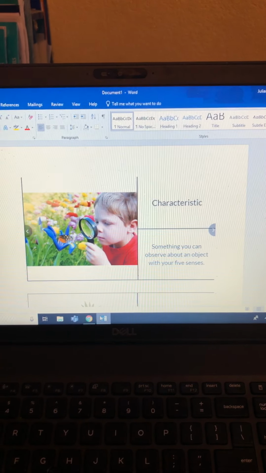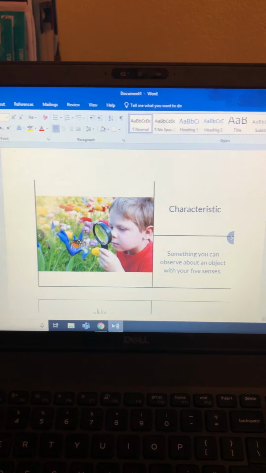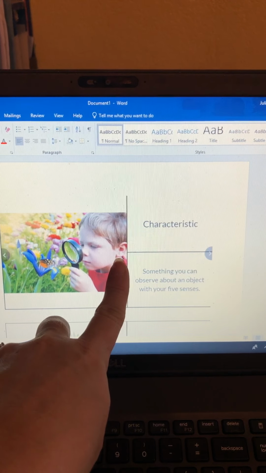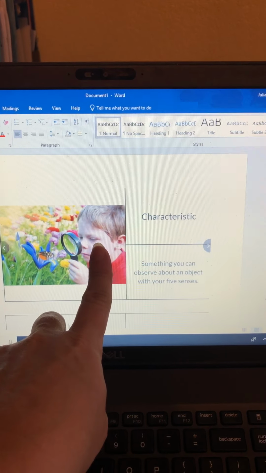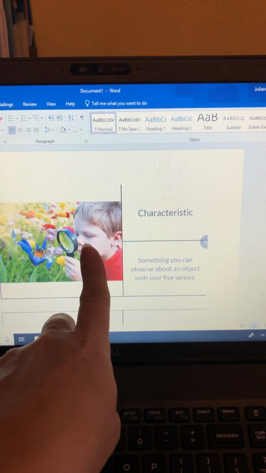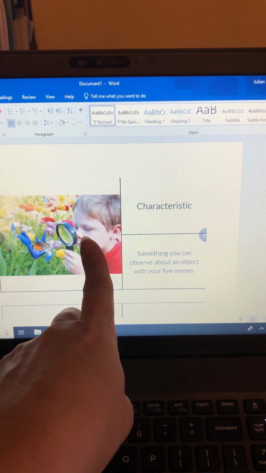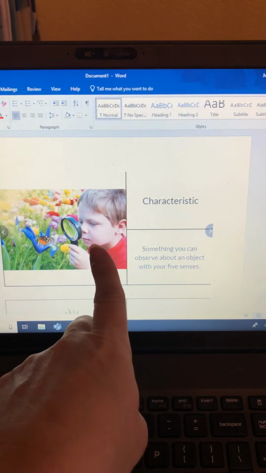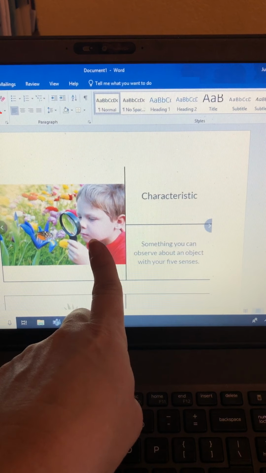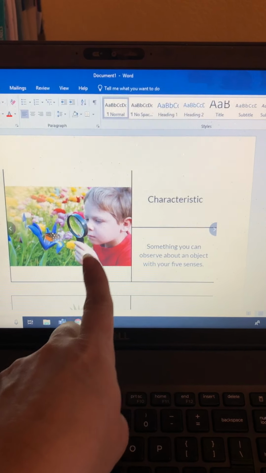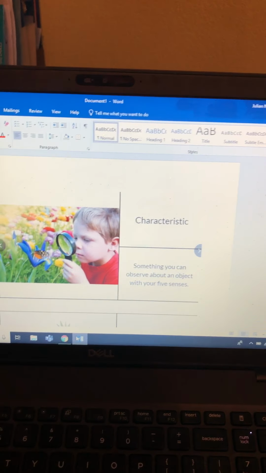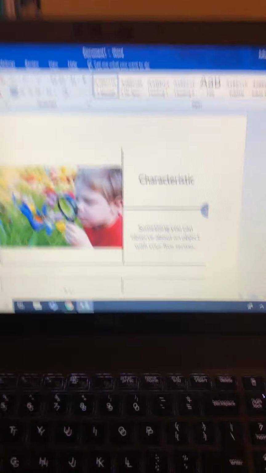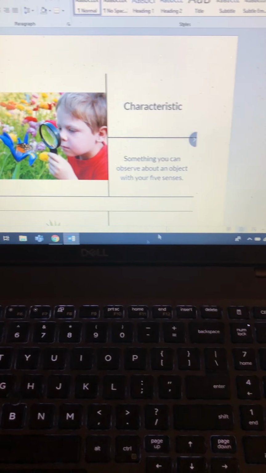Okay, so yes, we have our 5 senses, which includes our hearing with our ears, our looking and seeing and observing with our eyes, our nose smells things for us, our mouth tastes things for us, and then what about our hands? They're used to touch and feel things, right? Okay, let me scroll down to the next word here.